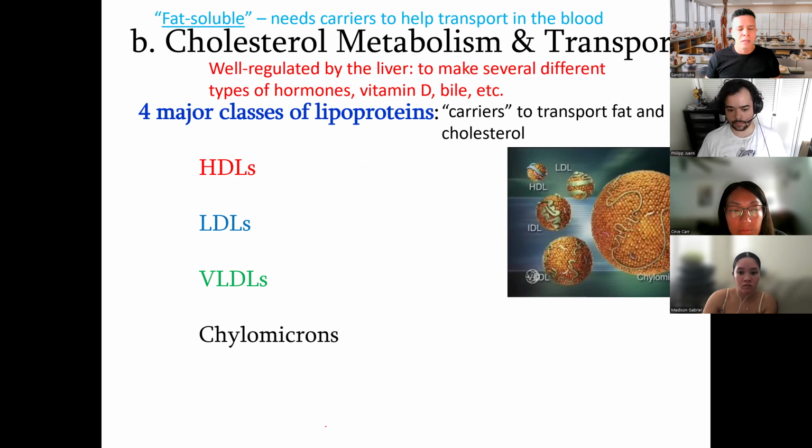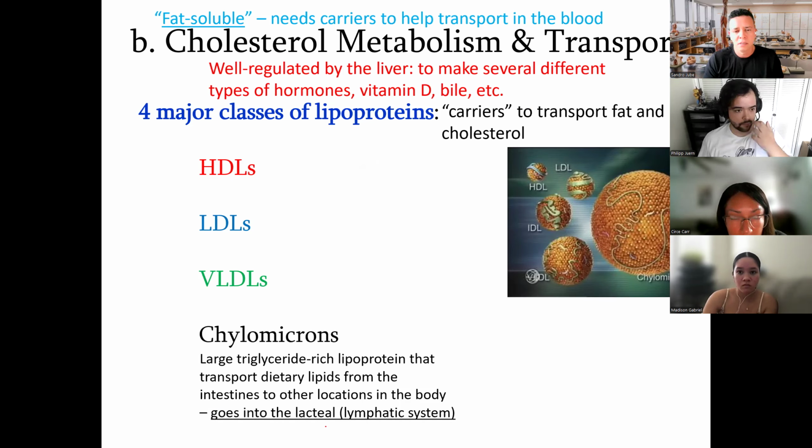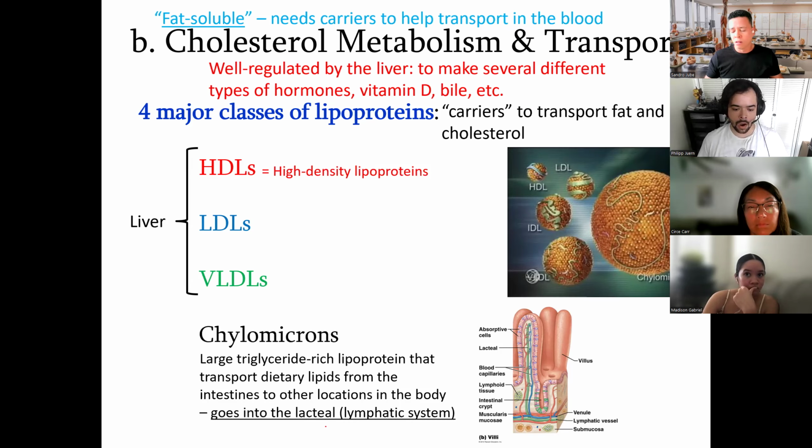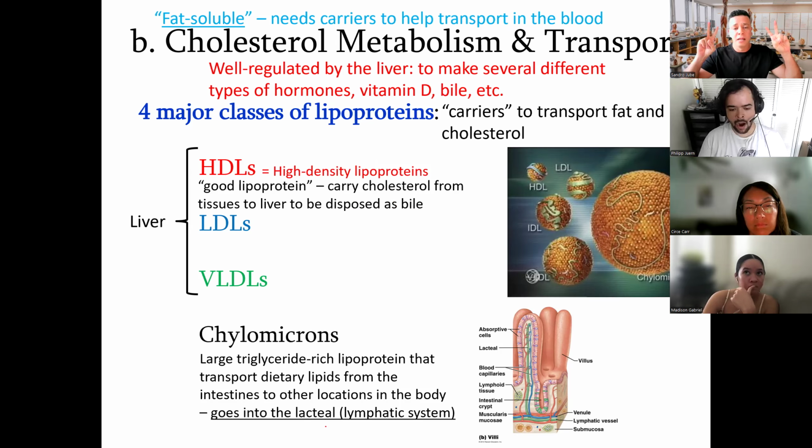We have the chylomicrons, which are lipoproteins that transport dietary fat and dietary cholesterol, the ones that we eat, that we consume. We have high density lipoproteins, low density lipoproteins, and very low density lipoproteins. High density lipoproteins, or HDL, are what we call our good lipoproteins.